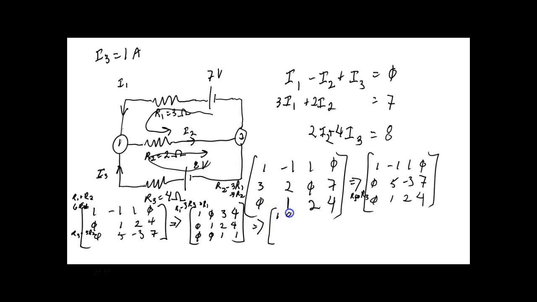What does that give us? 1, 0, 0. Okay. Say that again. 1. Okay. What does that tell us? I1 is also 1 amp. Wow. Okay. And next. Yeah, we want a 0 above that leading 1 in row 3, so right there. So what do we do to make it happen? Row 2 minus 2 row 3 is the new row 2.